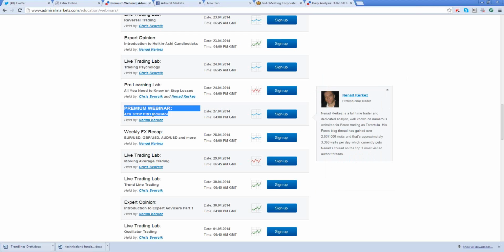It also prints support and resistance levels based on this. And it's only reserved for our, of course, Admiral Markets clients. Okay? So sign up for this webinar, and after the webinar, you will be given this indicator. And I tell you again, you cannot find it anywhere on the net, this indicator.